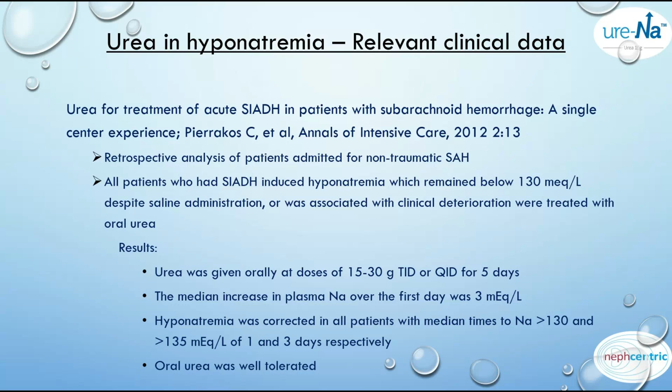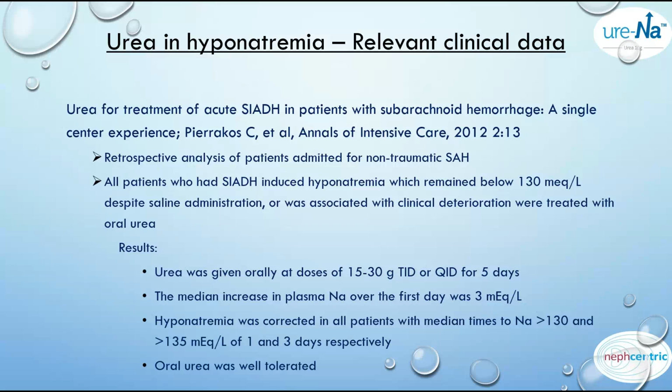This is another slide that is telling us about the utilization of urea in acute SIADH patients with subarachnoid hemorrhage. A single center experience, a retrospective analysis study. All patients who had SIADH-induced hyponatremia had a sodium below 130 mEq despite saline administration, or it was associated with clinical deterioration, and hence, when they were treated with urea, it is given about 15 to 30 grams TID or QID for 5 days.